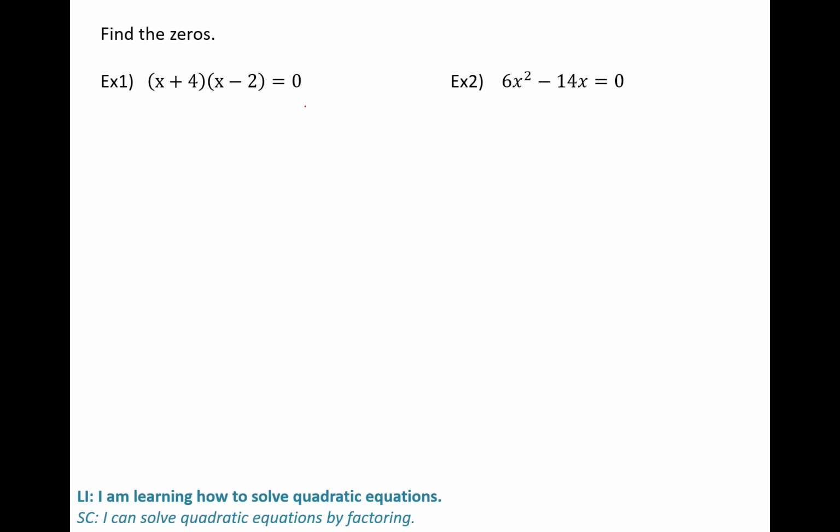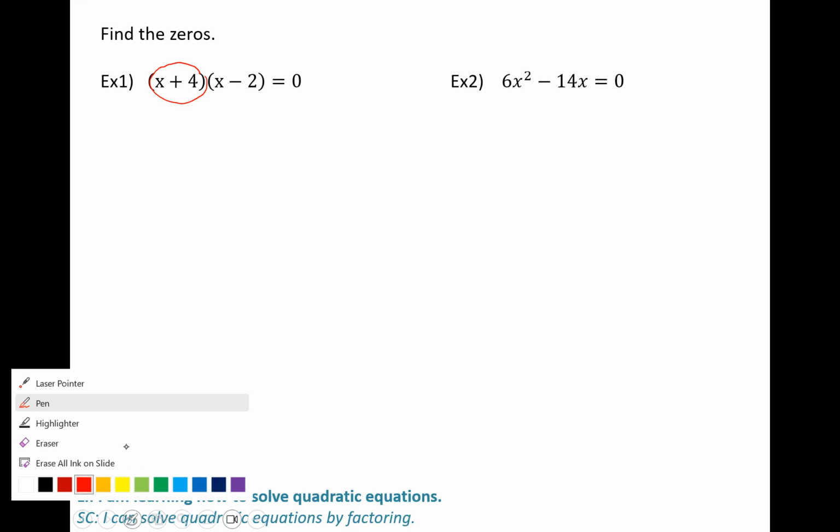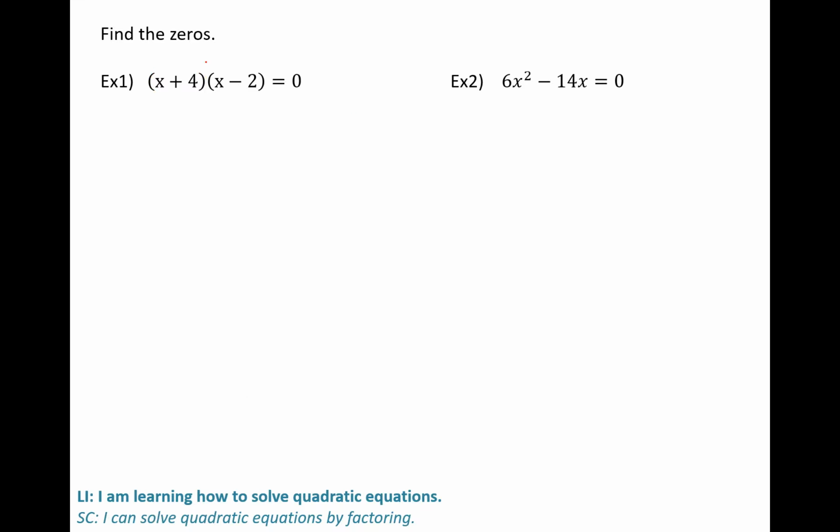Before I do anything, I want to point out that we have equals 0, and we happen to have two things that are multiplied. One of the things that we are multiplying is this whole parenthesis. Let me try that one more time. This parenthesis right here, the x plus 4, is one of the things that's being multiplied. I might call it my a.